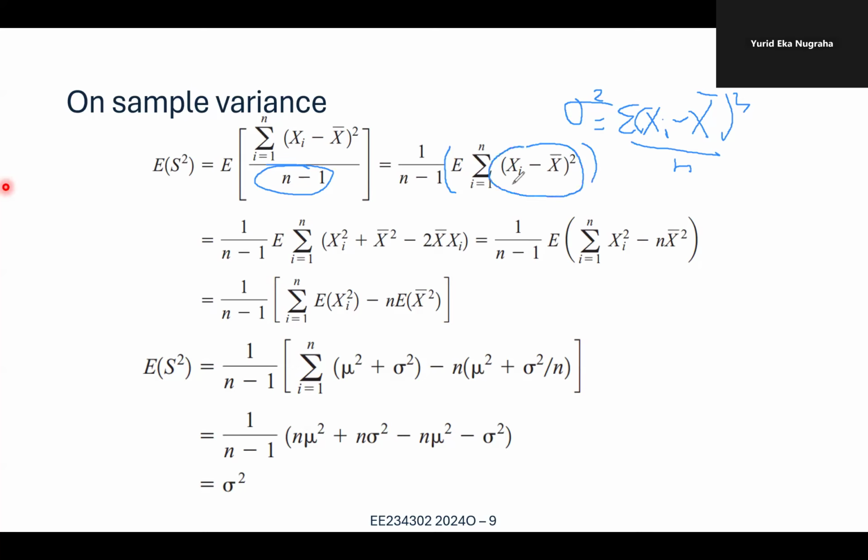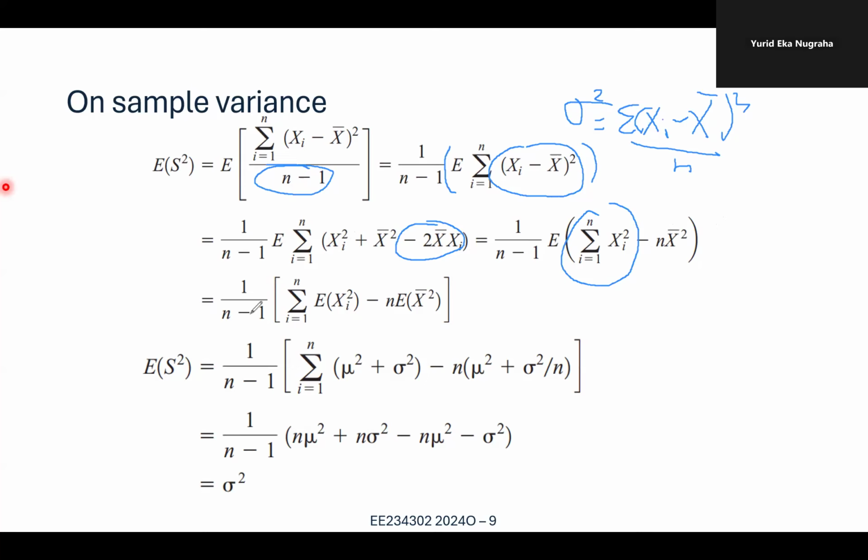So try to expand this quadratic. It becomes xi square plus x bar square minus 2 x bar xi. And then this turns out to be 0. So now we have the sum of xi square minus n x bar square. You have x bar square added from 1 to n, which means we multiply it by n.